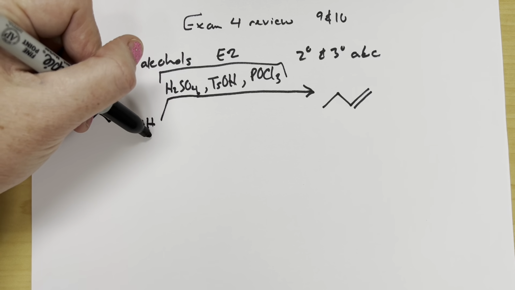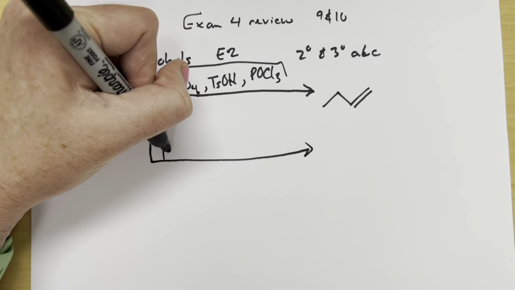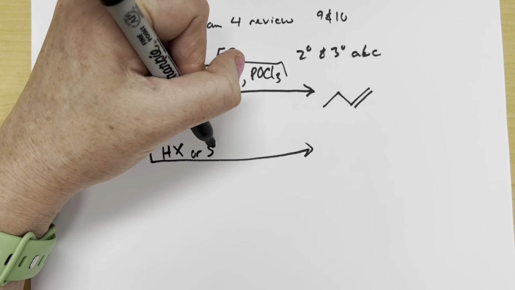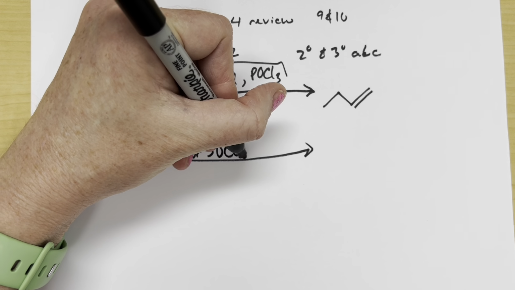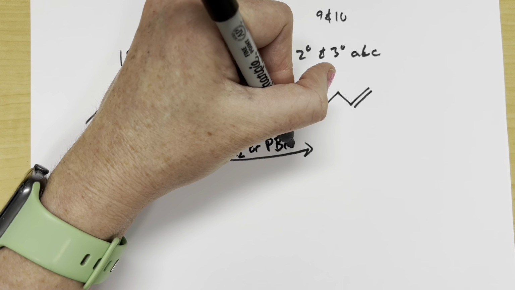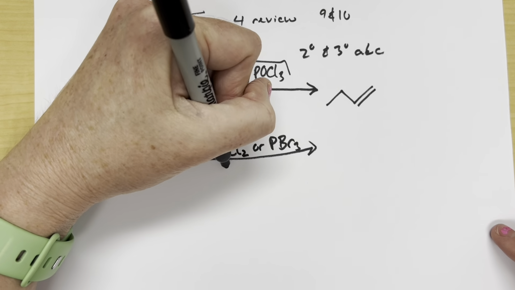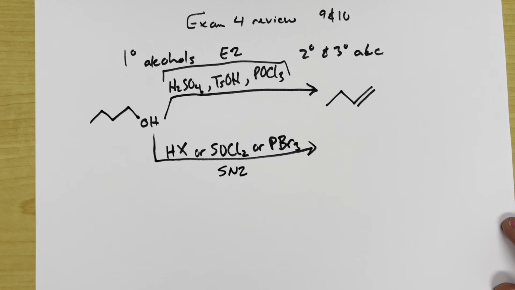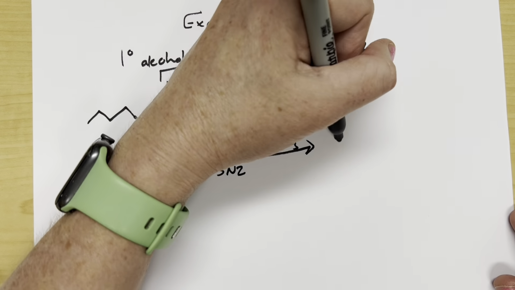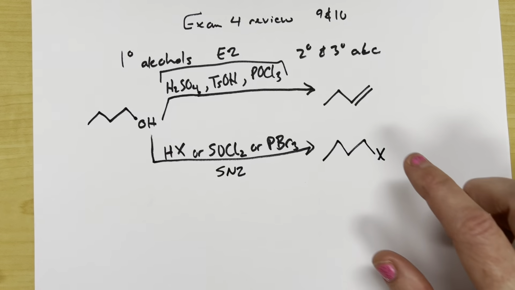Now you could also go crazy with an HX or SOCl2 or phosphorus tribromide. And in all three of these situations, it would react via an SN2 reaction. Primary only will do SN2. We already knew that though. And you get whatever X you were trying to put on there.